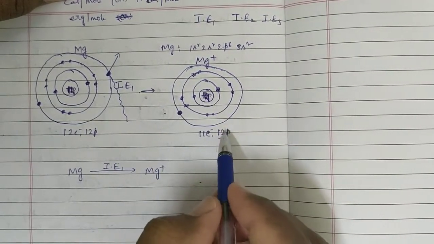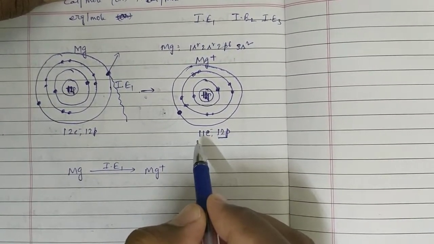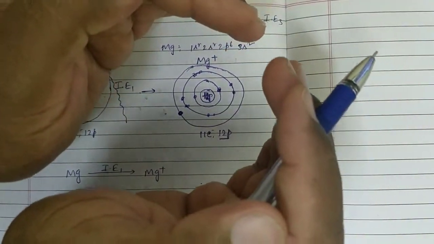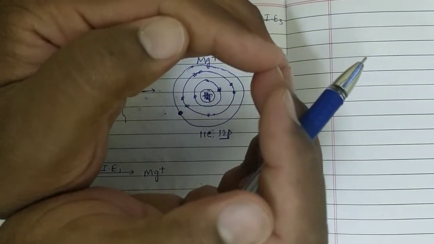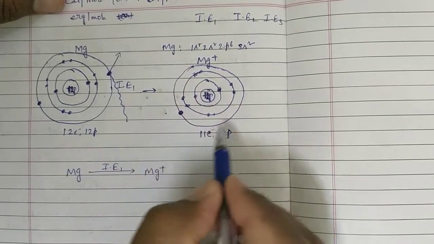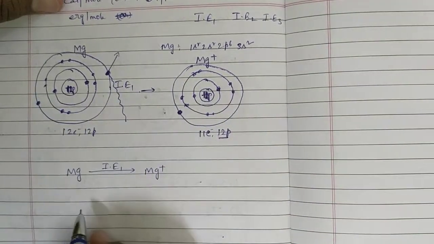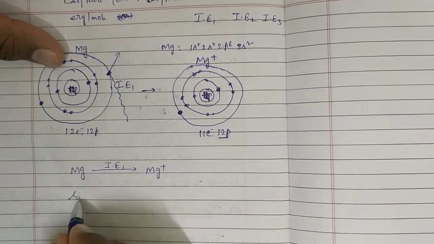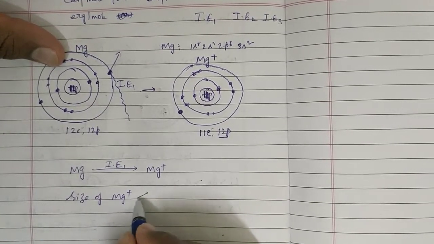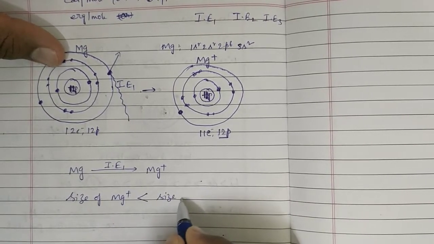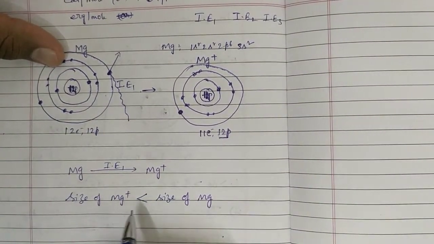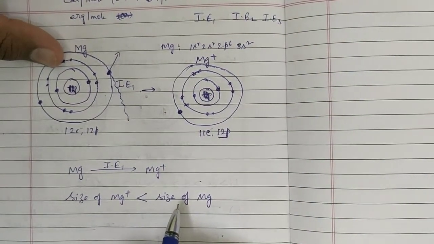Coming to cation, attraction between nucleus and electrons will be increased. Because of that, these orbits will come closer. Because of that, size of cation is every time smaller than neutral atom. Size of Mg plus is smaller than size of magnesium.